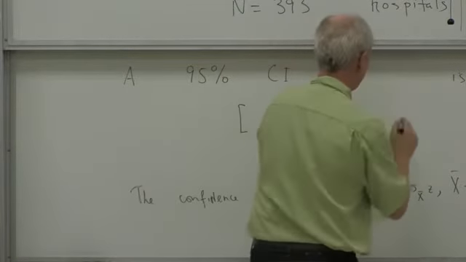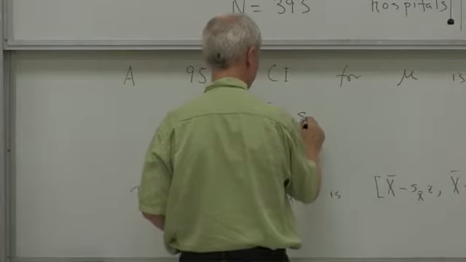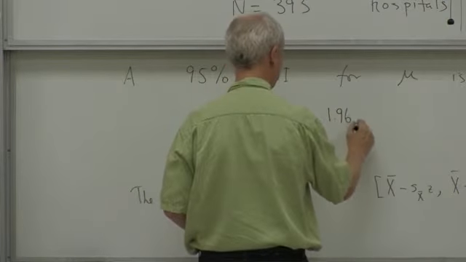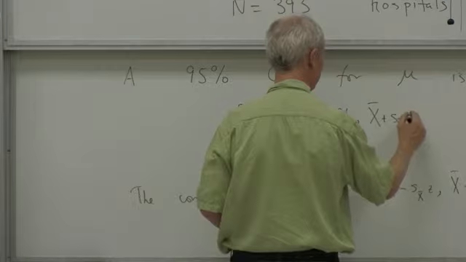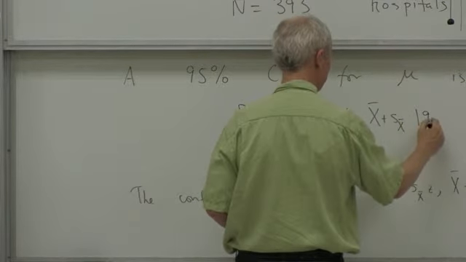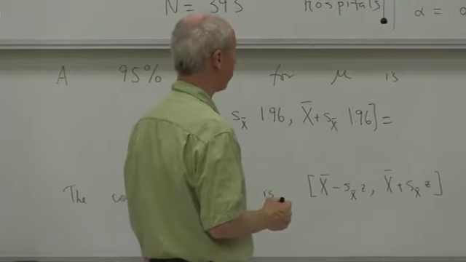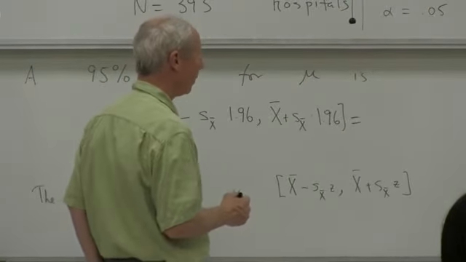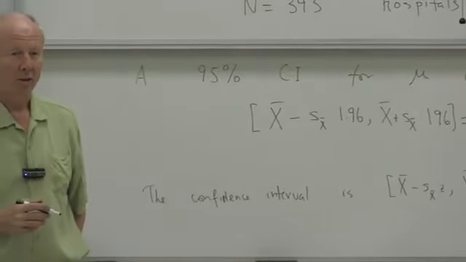I'm sorry, for mu. And x bar is 938.5, Sx is 81.19, and who has a calculator?